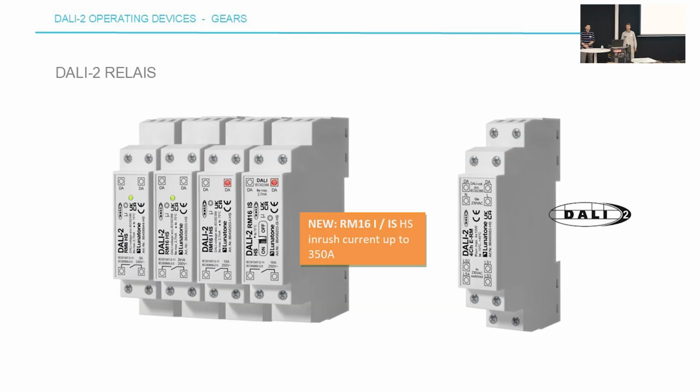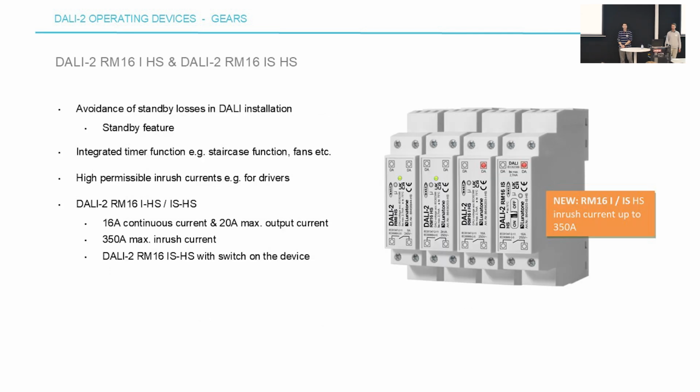We start with the relay modules. So I want to talk about the IHS and ISHS of the relay module 16. These are high-performance switching actuators to eliminate standby losses in the DALI system. So it has a standby feature and an integrated timer function, meaning it is designed for staircase applications, for example.